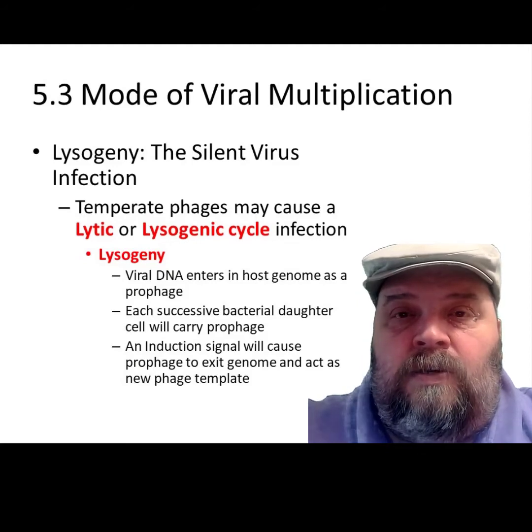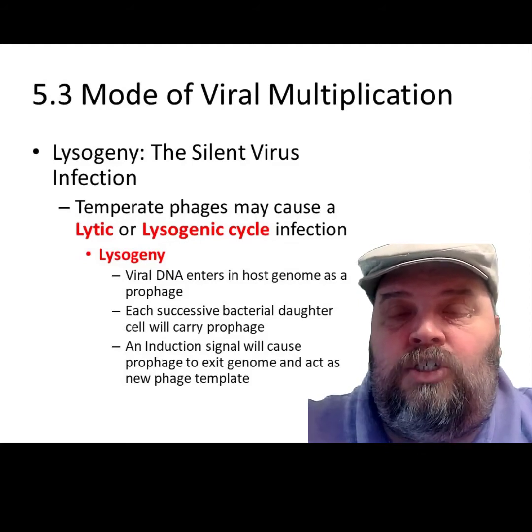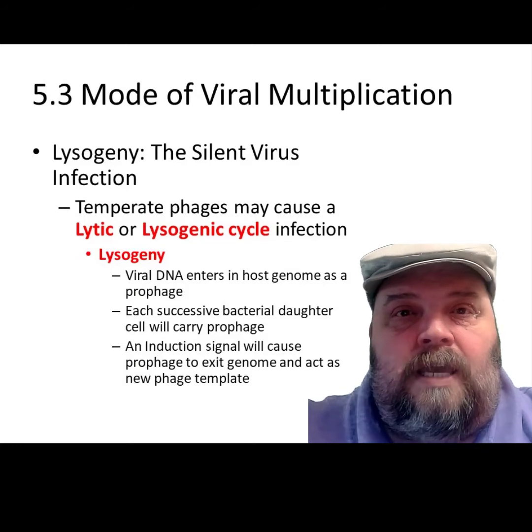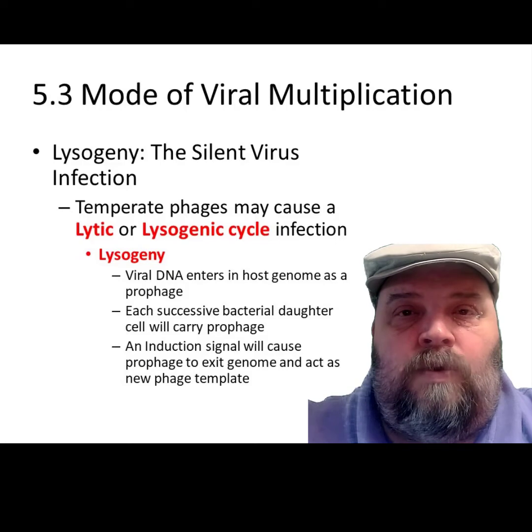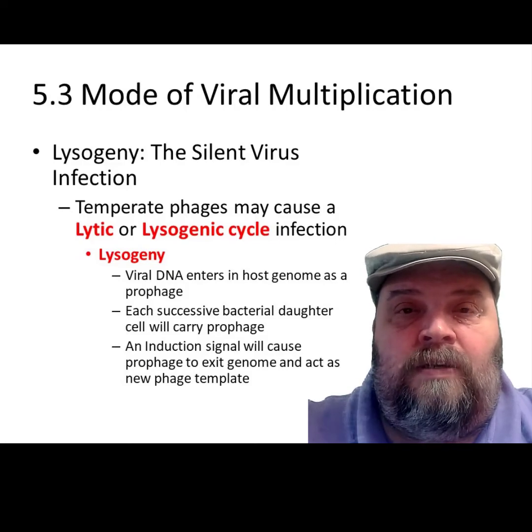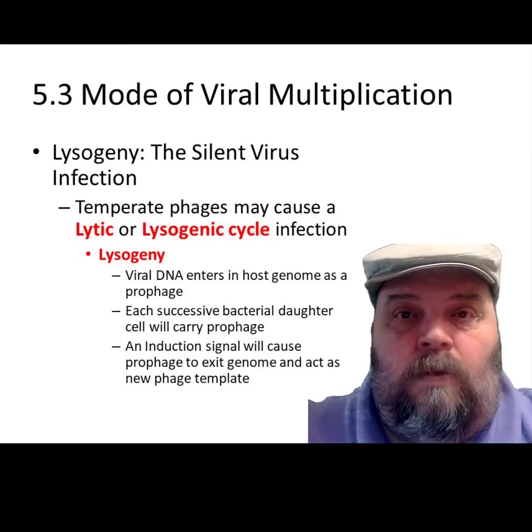Viral DNA inserts into the circular bacterial genome, and then it stays there. Every 20, 30, 60 minutes, however long it takes for the bacterial cell to divide, 1 becomes 2, 2 becomes 4, the normal course of the cell cycle for a bacteria. All new cells being made will carry the prophage.